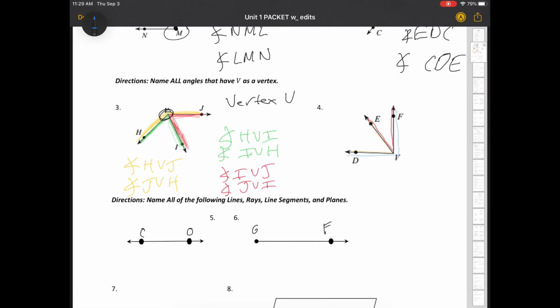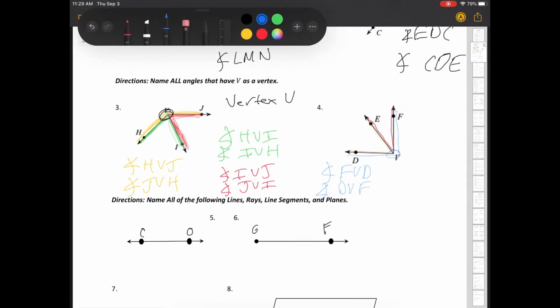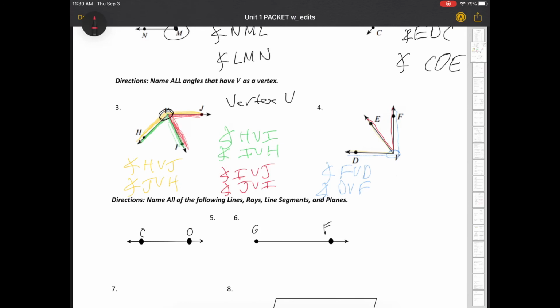So let's start out with the big one first. So again, vertex is V. We have angle FVD, or angle DVF. We have the red angle, angle FVE, or angle EVF.